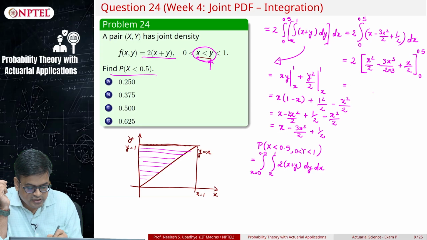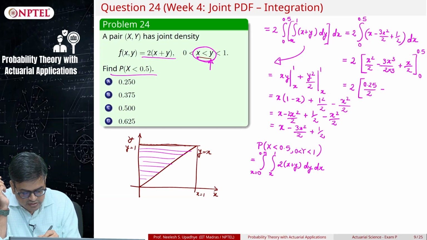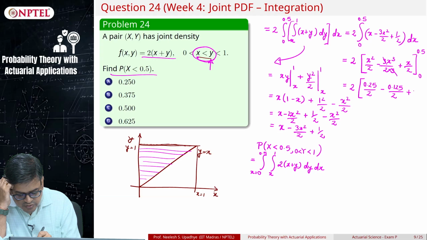Okay. Then you can easily do this, which is 0.5 square is 0.25 by 2, minus 3 gets cancelled, x cube will be 0.125 by 2, plus 0.5 by 2, that is 1 by 4. So it is 0.25. Okay. But let us put it 0.5 by 2 for ease of calculation.